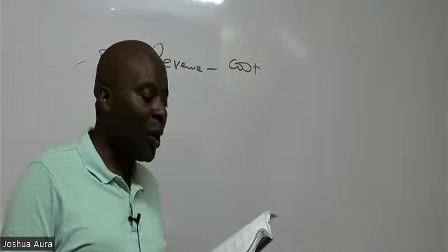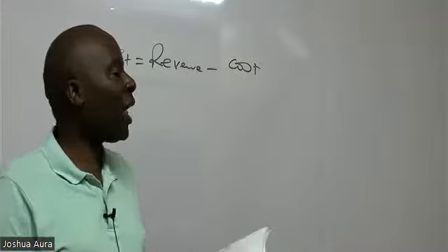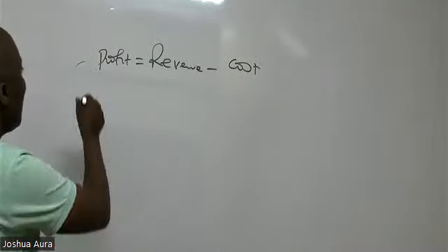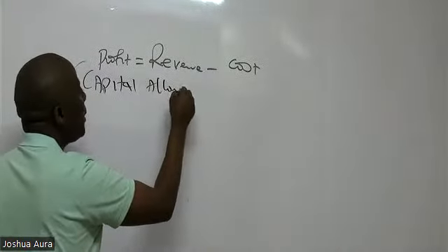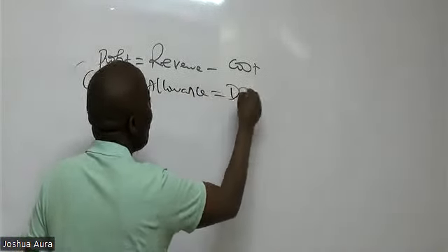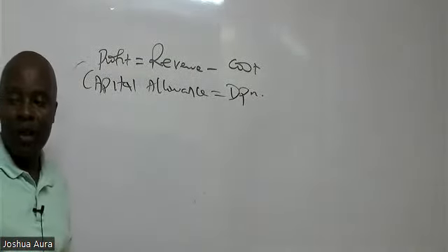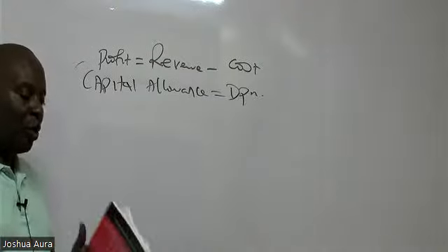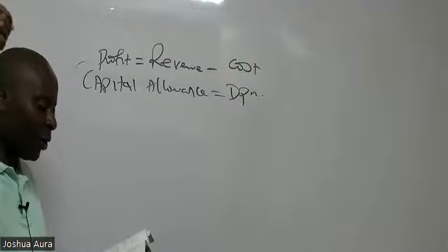Whenever you see capital allowance, simply write in brackets, depreciation. We are learning something very important here: capital allowance will always be equal to depreciation in finance. Very, very important. Great.